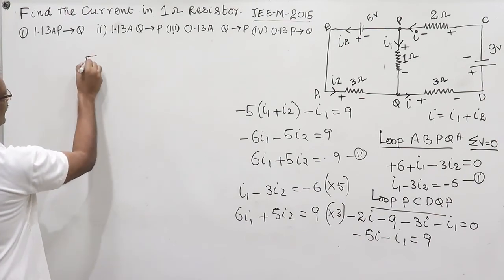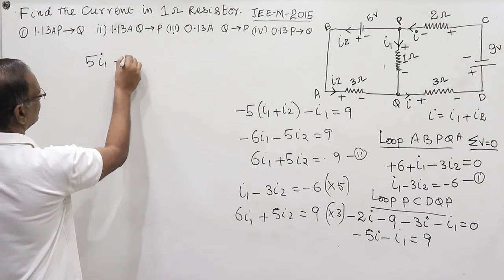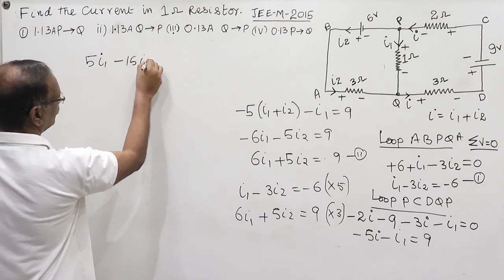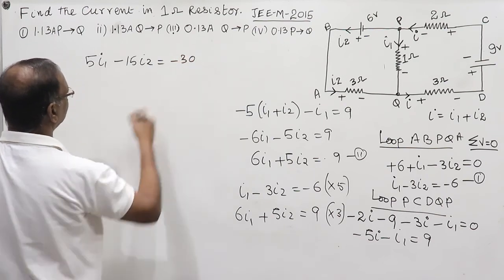That becomes 5I1 minus 15I2 is equal to minus 30.